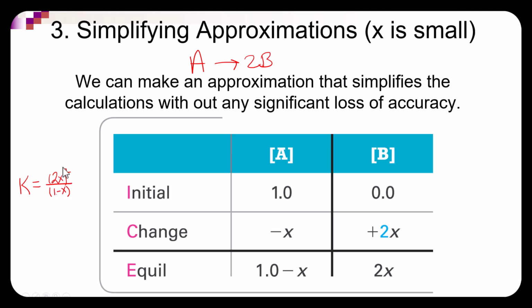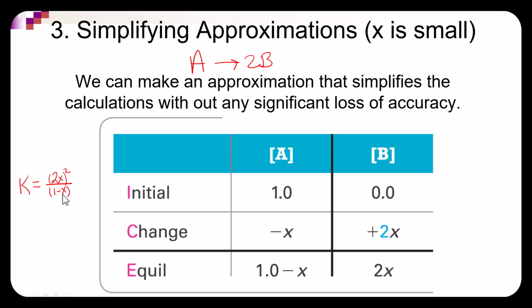But with that squared value present and this 1 minus x on the bottom, this is going to turn into a quadratic problem. What the simplifying approximation does is it assumes that this x right here is going to be significantly smaller than the value of 1.